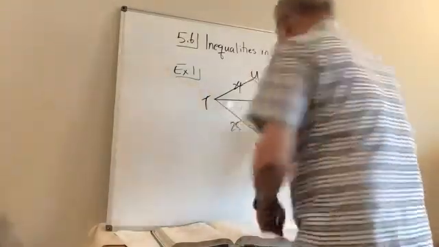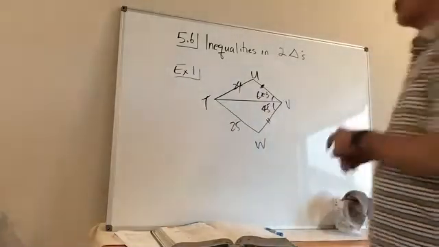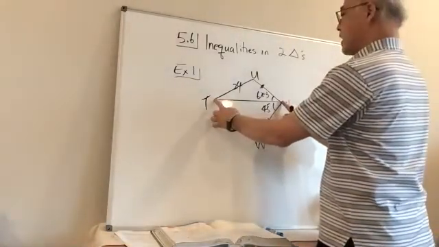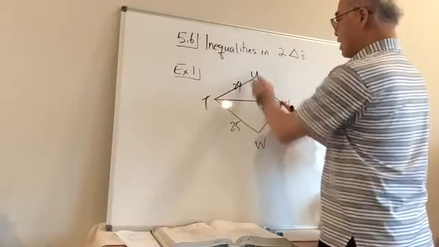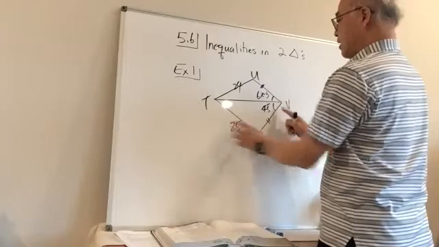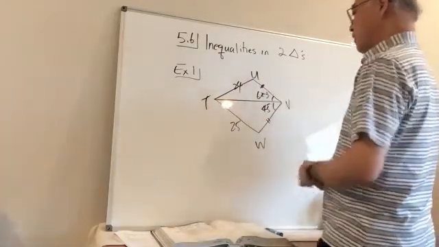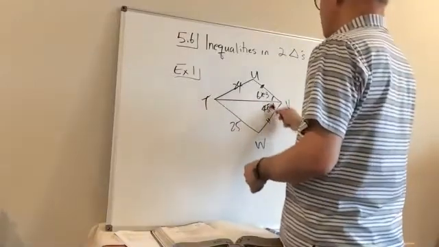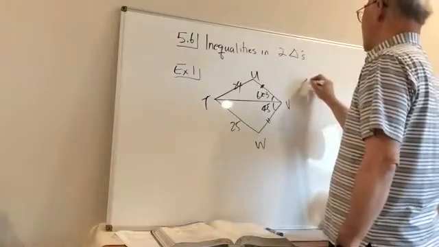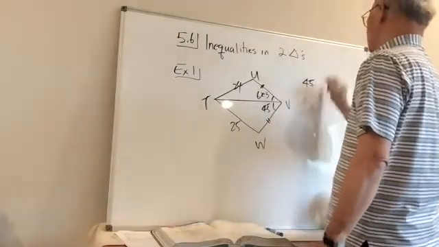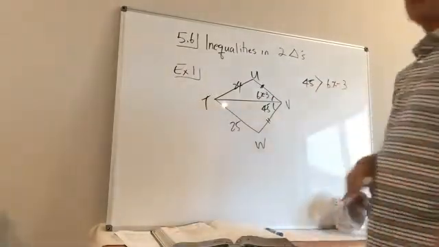And this side is the same as this side. So we have a hinge theorem going on here because this is the side that is shared. These two sides are congruent. So 25 is longer than 24. That means that 45 is going to be larger than the 6x minus 3.